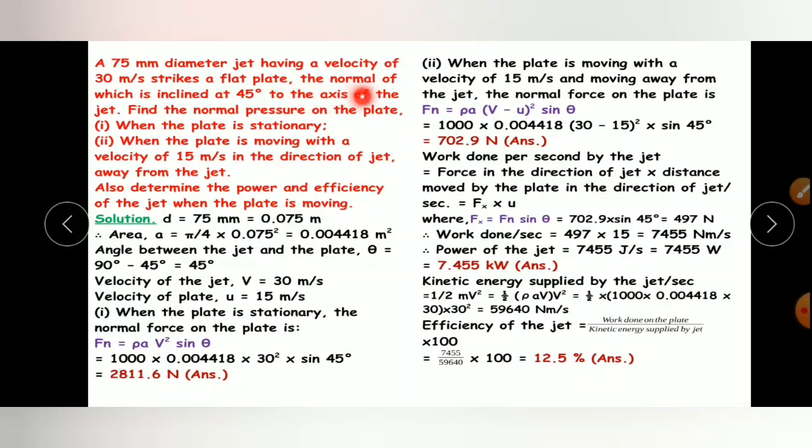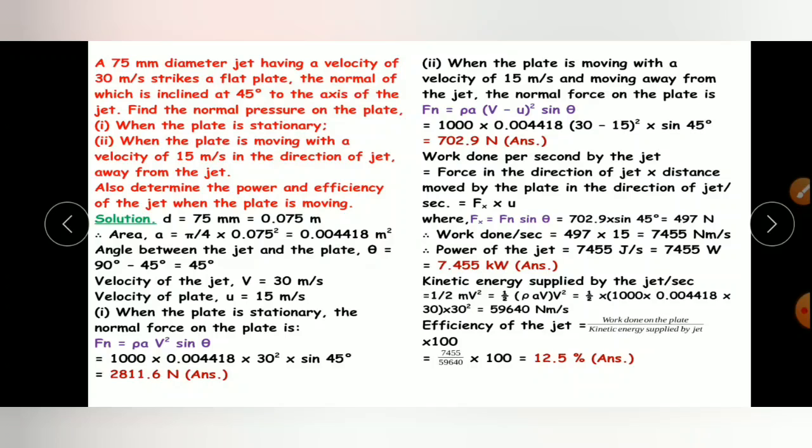Given that the inclination of the plate to the jet is 45 degree, the angle between the jet and plate is theta equal to 90 degree minus 45 degree, equal to 45 degree.